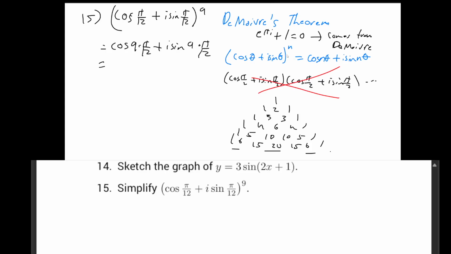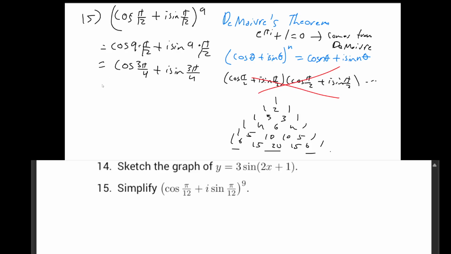Should get my copying right. This will then equal cosine of 9 over 12, which is the same as 3 over 4, so 3 pi over 4 plus i sine of 3 pi over 4. Why was I doubting that? I don't know why. Yeah, times 3 times 3.